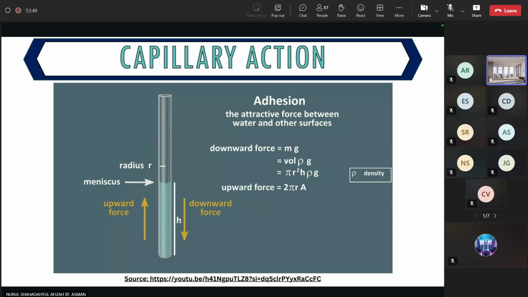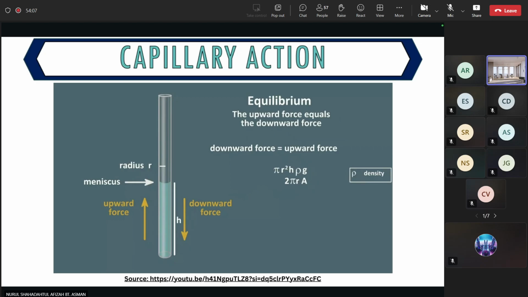The upward force has to be proportional to the circumference of the circle at the meniscus, 2 pi r, times some adhesive force constant, let's call it A for now, which represents the attraction between the liquid molecules and the material of the tube. At equilibrium, these two forces are equal. Right away, we see something interesting.